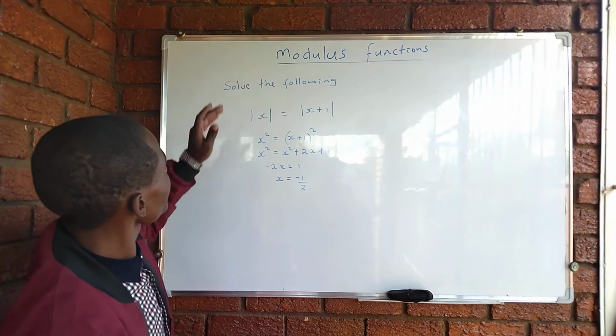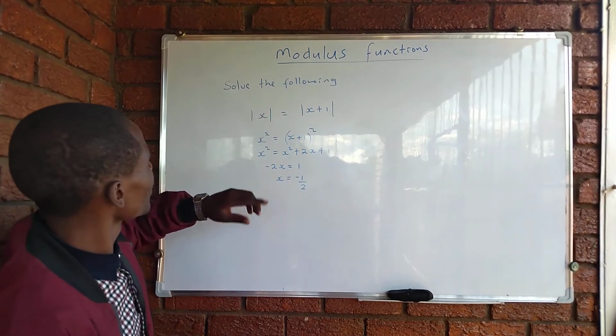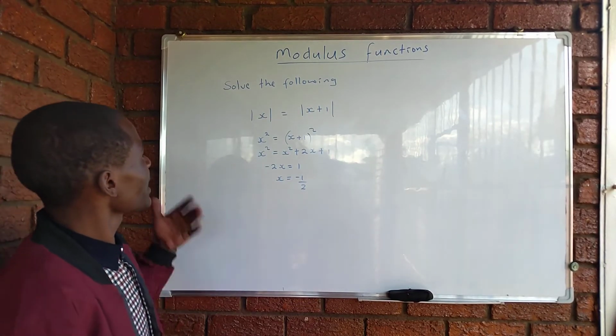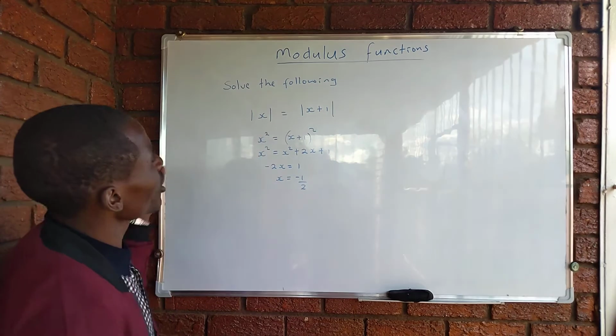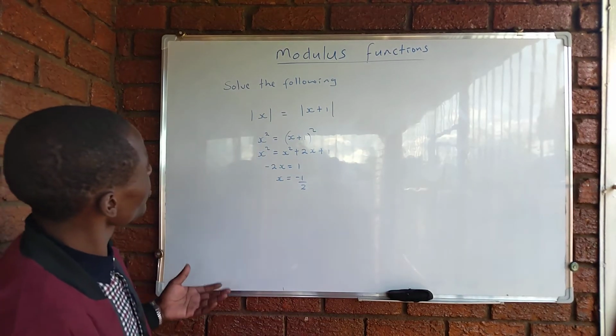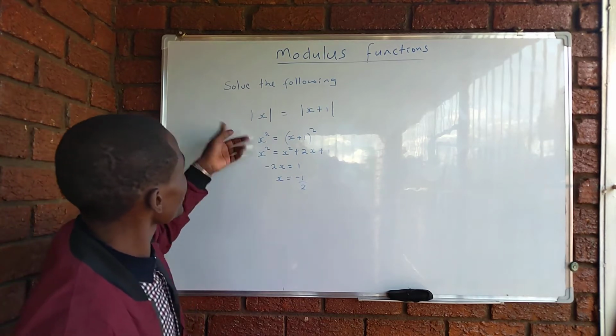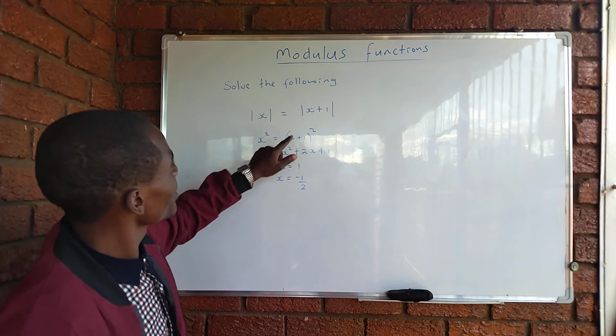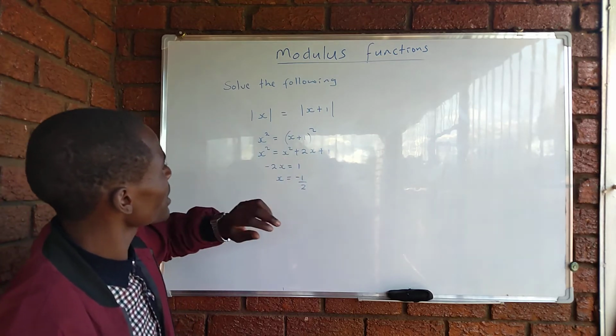Right, so the first example, solve the following: modulus x is equal to modulus x plus 1. We find the value of x. We get rid of the modulus signs first. So how do we do it? We just square both sides. If we square this side, we get x squared. If we square this side, we get x plus 1 squared.